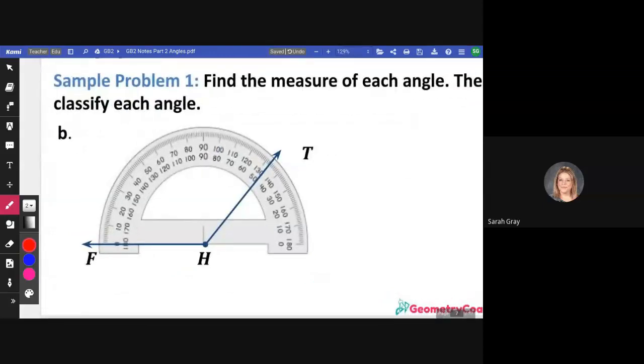We'll do the same thing here. This time the angle is pointed to the 0 on the left-hand side. So we're going to find the 2 numbers where the leg on the right crosses. Looks to be 133-ish and 47.